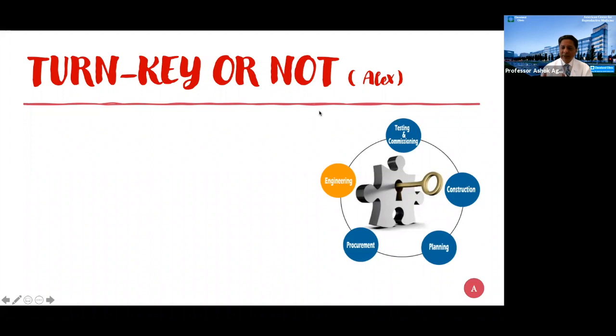Maybe you can shed some light on the concept of turnkey, and whether this is a good thing or not such a good thing. I think you will have to provide some explanation for people who are not so connected to the business aspect of ART and are simply more focused on their job as embryologists.